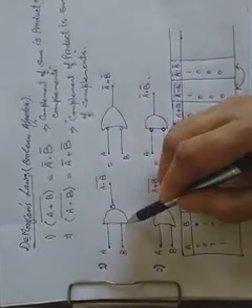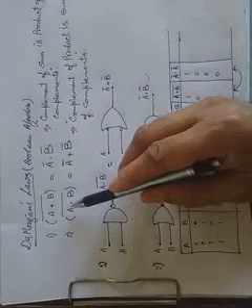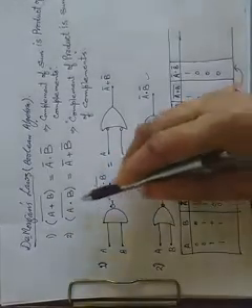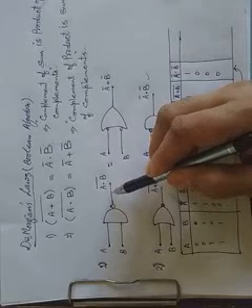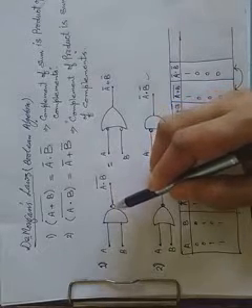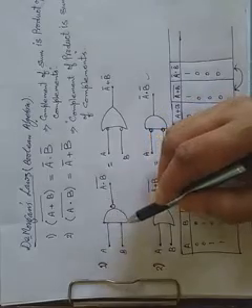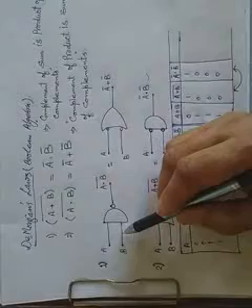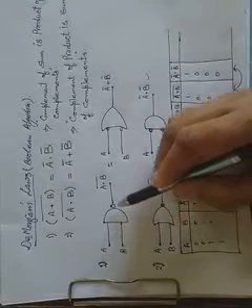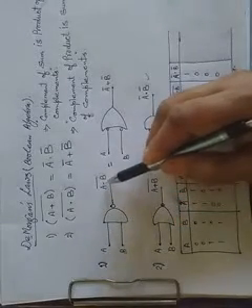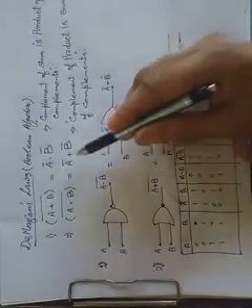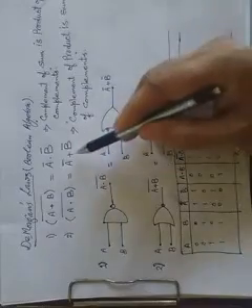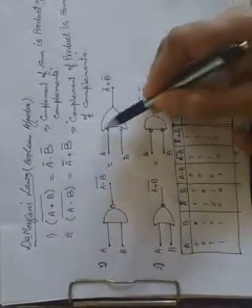For the left hand side, we have the complement of A dot B. This is nothing but the output of a NAND gate, a NAND gate with two inputs A and B, and its output will be the complement of A dot B. The right hand side is represented over here with an OR gate, because we have the OR operation, so simply an OR gate.